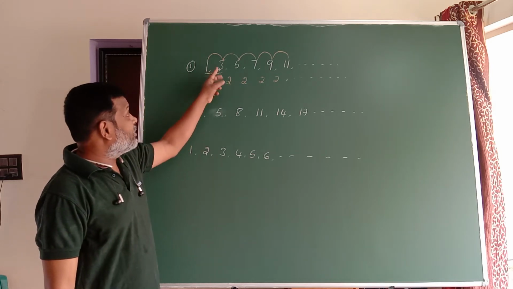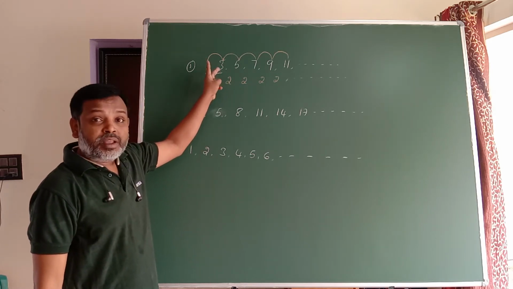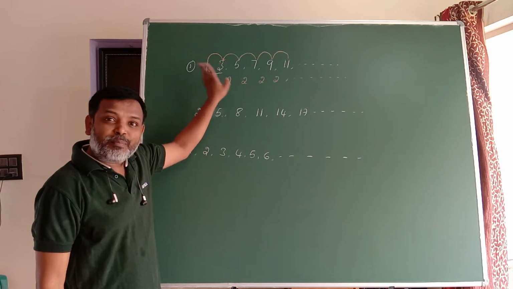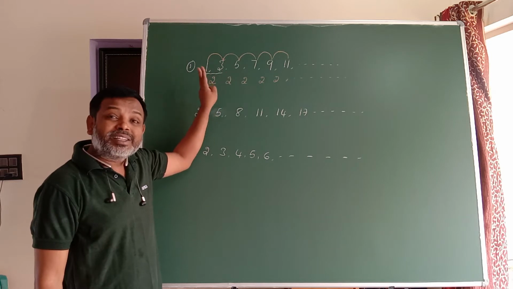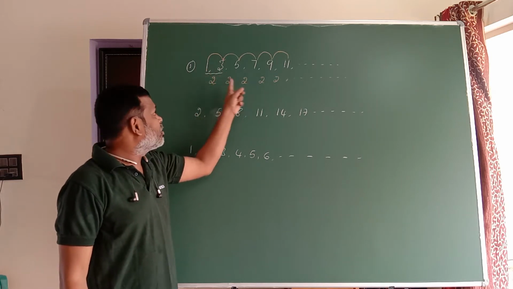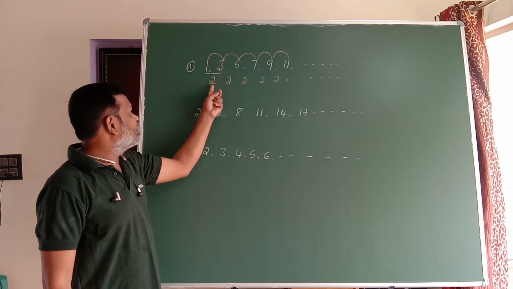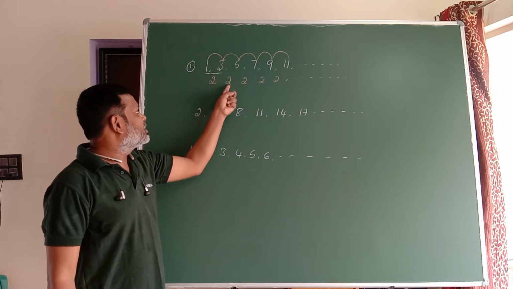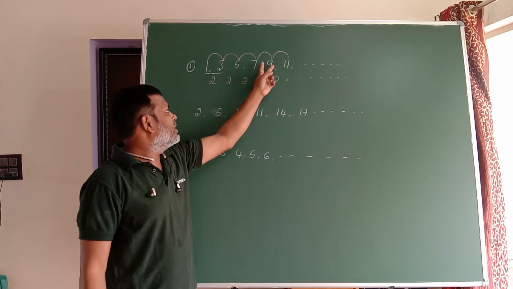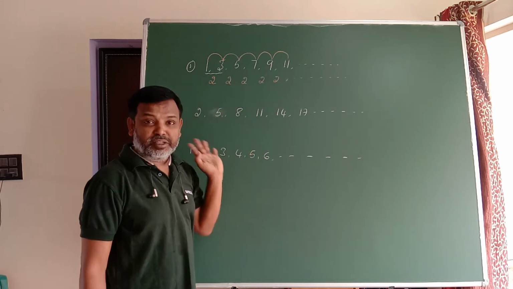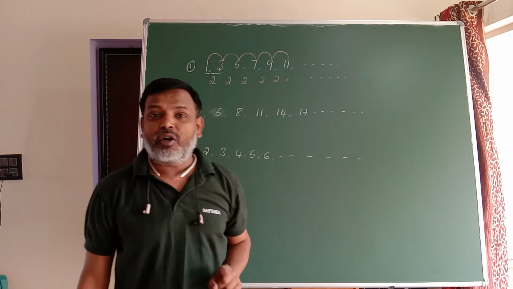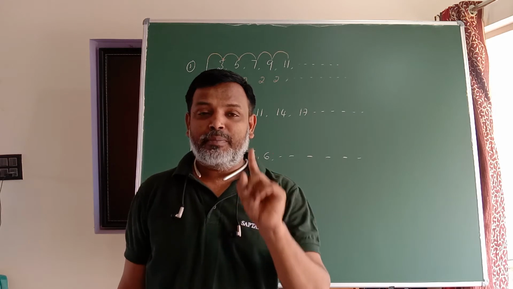The difference between every pair of succeeding term and preceding term remains the same. The difference between each of these pairs is 2. There is a common difference between every pair of succeeding term and preceding term.